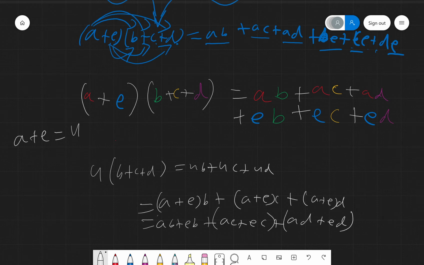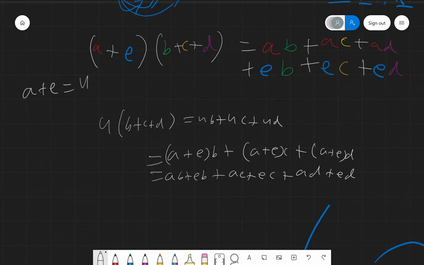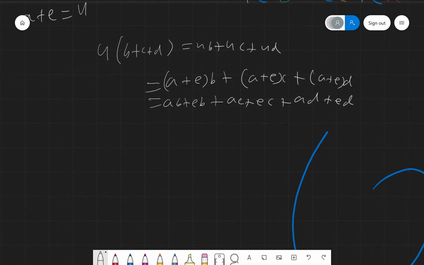I'm going to keep that in parentheses. Now we can remove the parentheses. And now we notice this is just the same thing as this one, just because of the commutative property of addition.